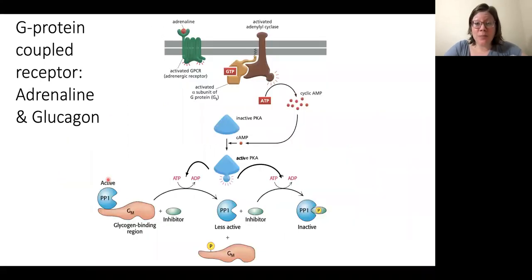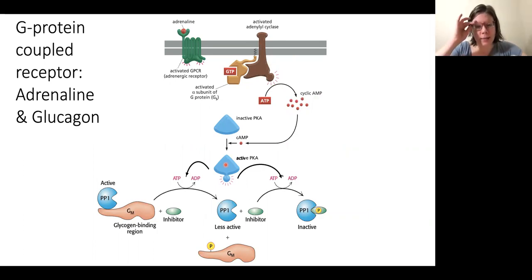But wait, there's more. G protein coupled receptors activating adenylyl cyclase, producing cyclic AMP, activating PKA, can have effects other than influencing the activity of phosphorylase kinase.